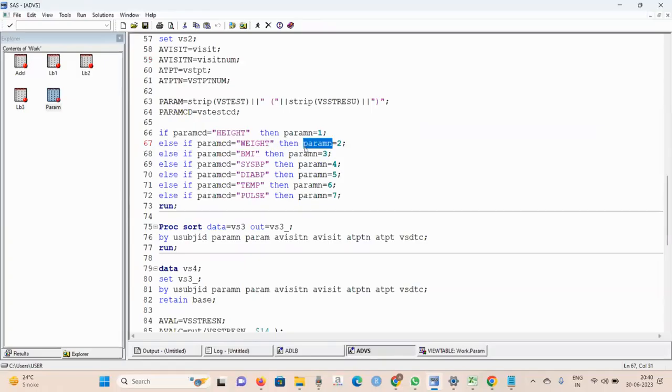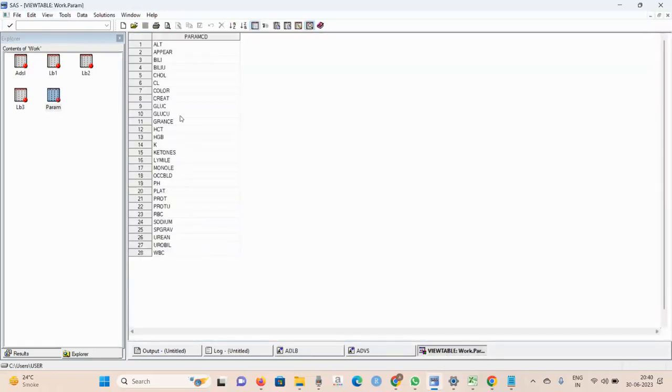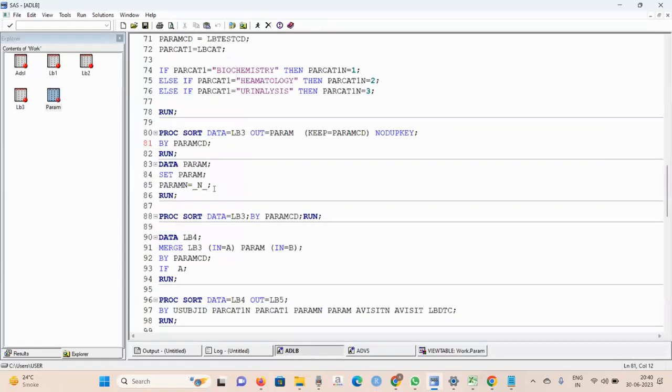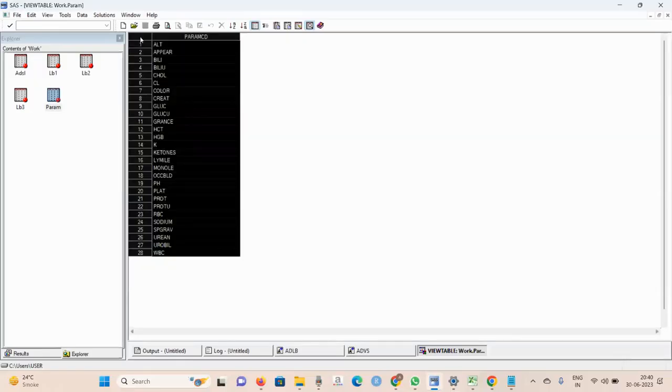The param 1, 1, 2. Instead of writing like this, because we have almost 28 parameters, instead of writing if it is ALT then param 1, I just created something. I took the observation number, which is an automatic variable.